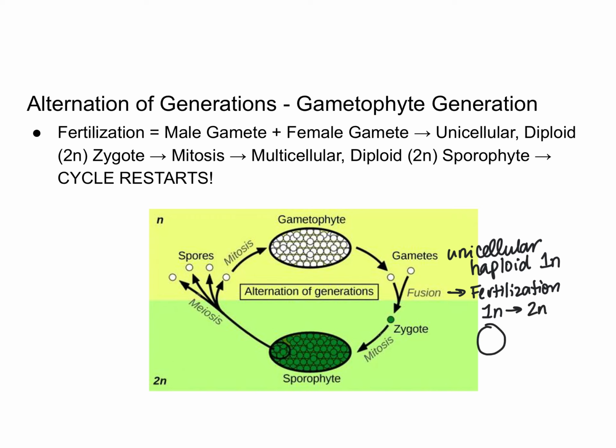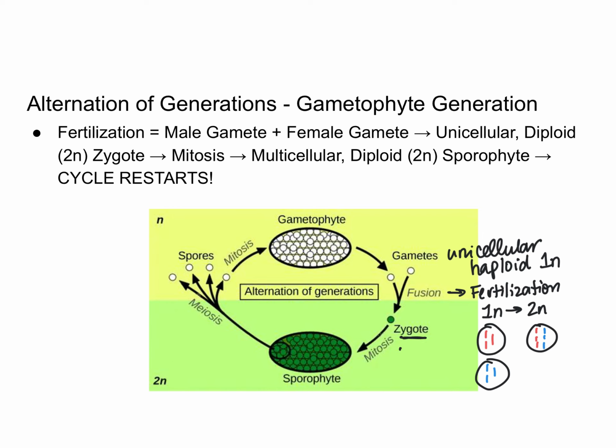Because one gamete is going to have one set of chromosomes, and the other gamete is going to have another set of chromosomes. And then ultimately, they produce a zygote that has two sets of chromosomes. So we end up with this zygote here.